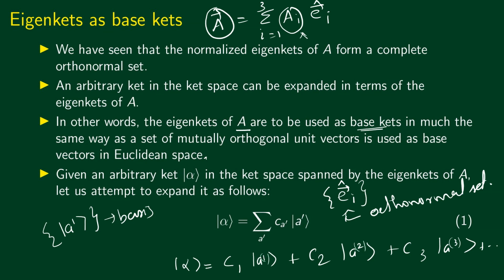So if there are a number of base vectors, we'll write it as ket A1, etc., or ket Ai. In general, we'll be switching between these two notations.